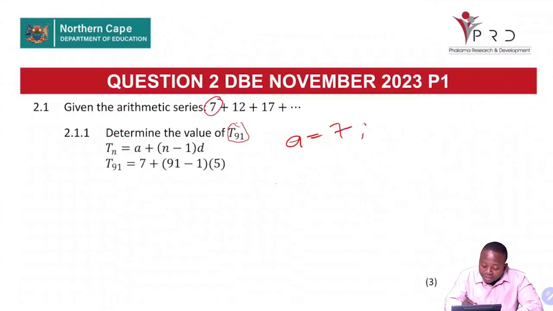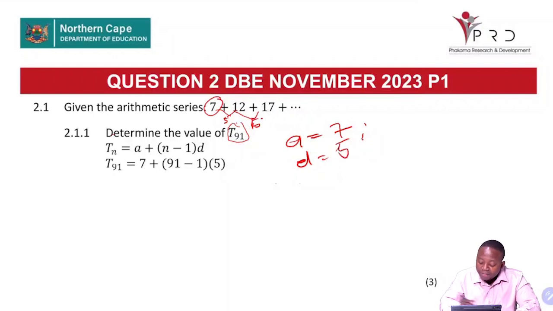Then we check the difference: 12 minus 7 is 5, then 17 minus 12 is also 5. So we have a constant difference of 5 in this case. So our difference is 5.